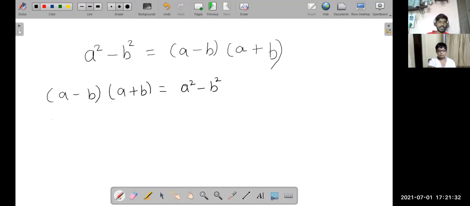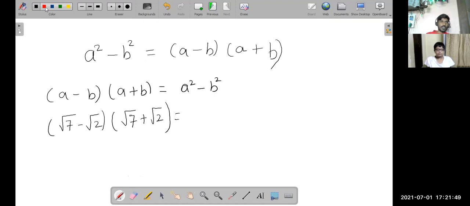Okay. Now, in that sum, here you had root 7 minus root 2 into root 7 plus root 2. So look carefully. This is A, this is B. So what is A?